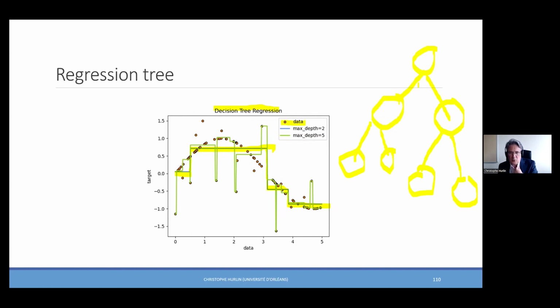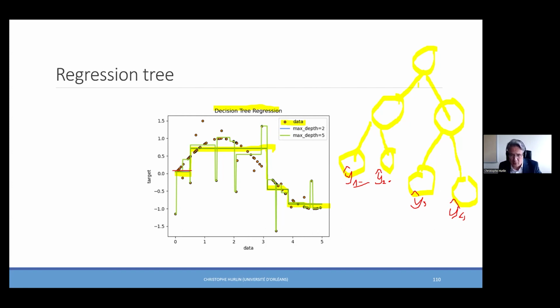So how many different values can I obtain with the decision tree with depth equal to 2? Here, the model will give me a value 1, a second value 2, a third value here, and a last value here. So we could obtain 4 potential different values in the 4 leaves.